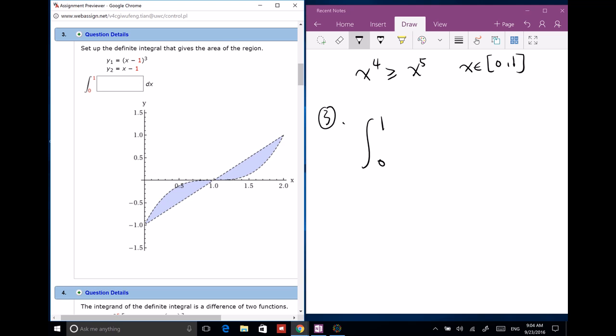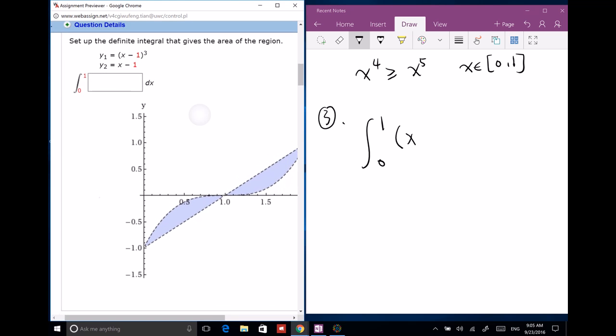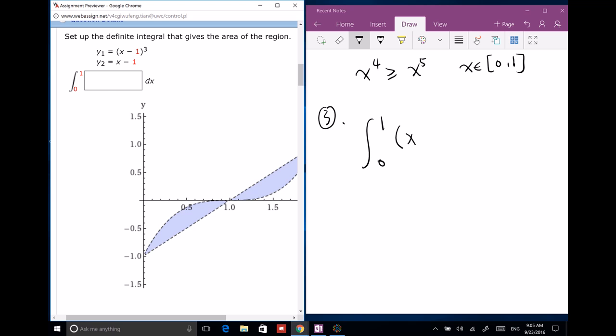So the top curve is? The line is the bottom curve. The top curve, you cannot see this function here?